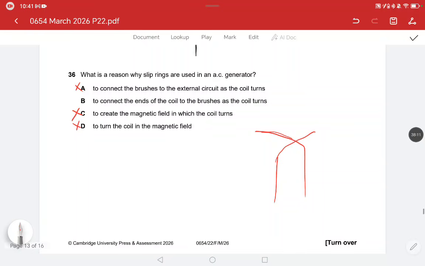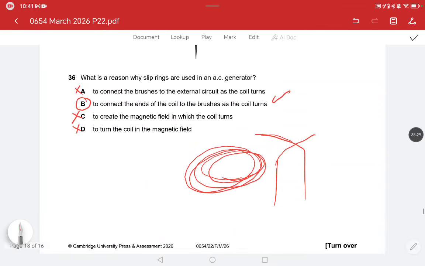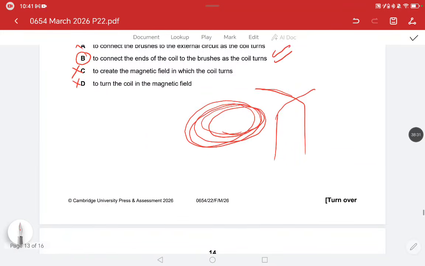So I need something to rotate, to slip around, so as not to make those terminals interfere with each other. So the answer should be B. This is the correct answer.